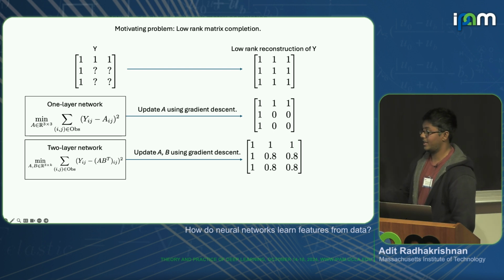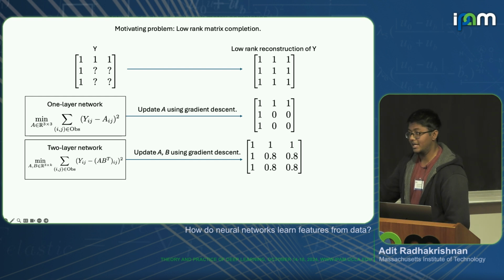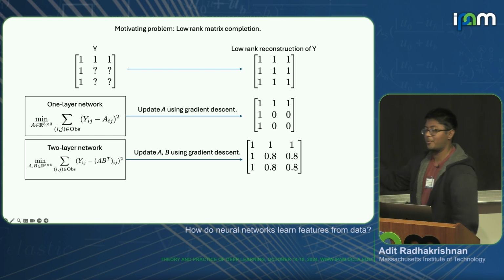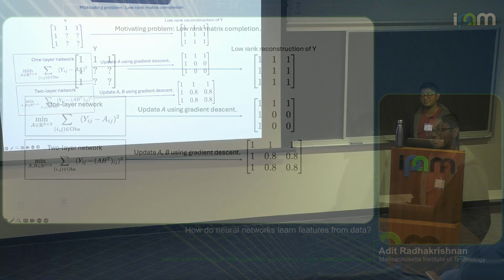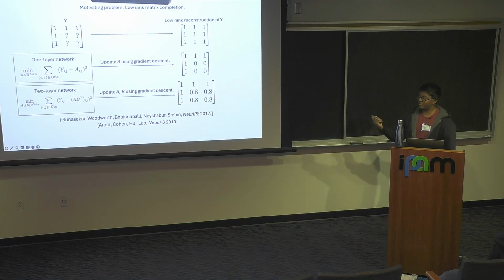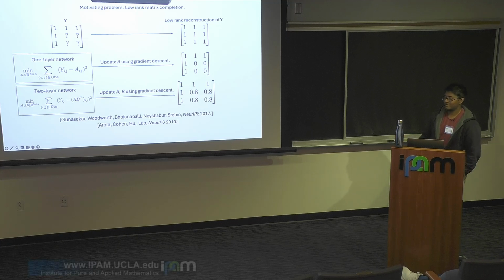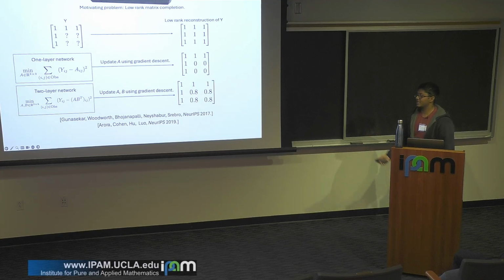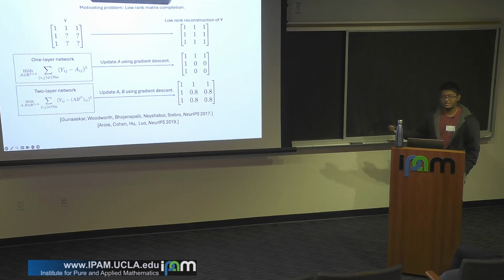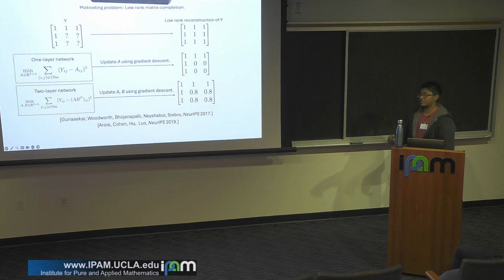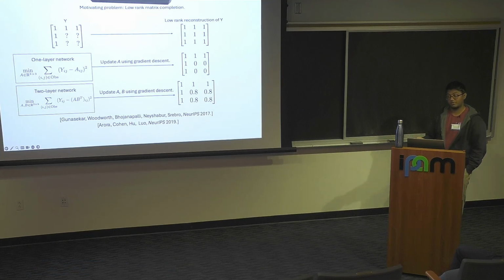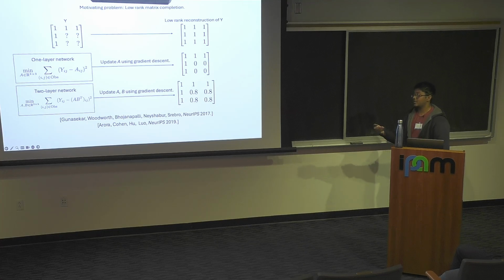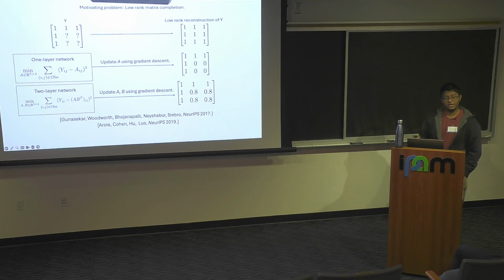In fact, if you keep increasing depth, you'll see that it's biased more and more towards low rank, and there's some drop-off after about 3 or 4 layers. This is a phenomenon that was identified many years ago. There's work by Jason Lee in this area. These were the papers I had read at the time. The first paper focused on the 2-layer case and understanding the implicit bias of overparameterized networks for matrix factorization. The second one extended it to the deep linear network case.